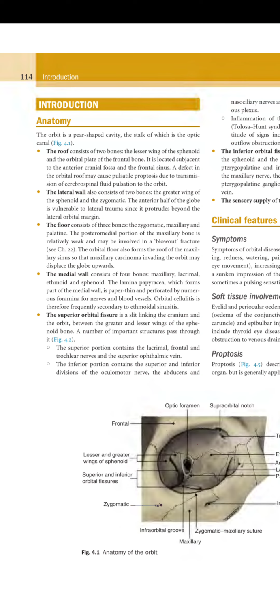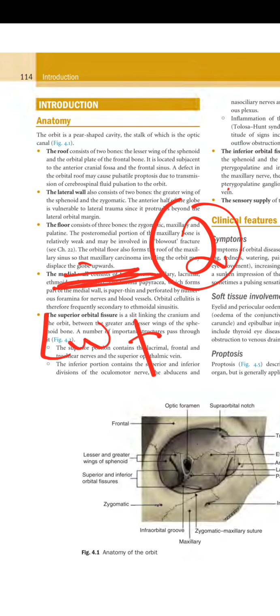The roof consists of two bones, the lesser wing of sphenoid and the orbital plate of the frontal bone. It is located subjacent to the anterior cranial fossa and the frontal sinus. A defect in the orbital roof may cause pulsatile proptosis due to the transmission of cerebrospinal fluid pulsation to the orbit. So, basically, the roof consists of two bones, the lesser wing of sphenoid and the frontal bone.